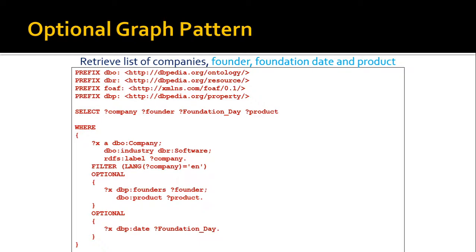Now think of a scenario like this. You have taken out this foundation day from this place to this place inside another optional block. We have created another optional block, right? So can you guess what will happen? So let us try to execute the query and then try to analyze, right?